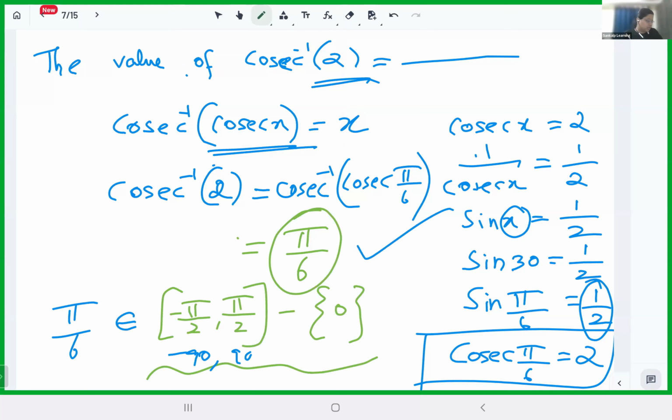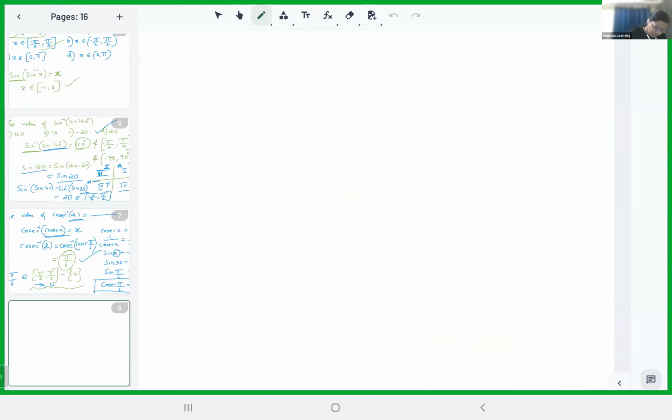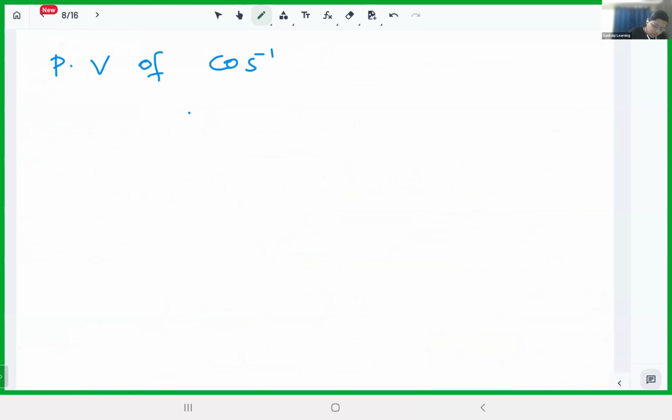Alright. Then we are moving on to the next question. Principal value of cos inverse of minus 1 by 2 is. You will get questions like the value of cos inverse of 1 by 2 or minus 1 by 2, principal value.